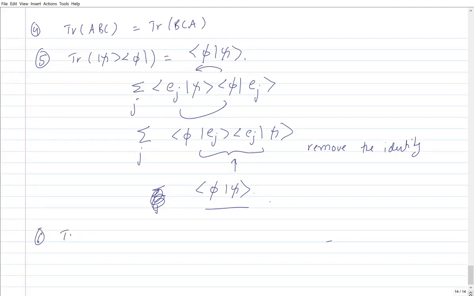So once again I have the trace of some operator, and it turns out to be equal to this over here. How do I do it? I'll again try to evaluate the trace in a particular basis.